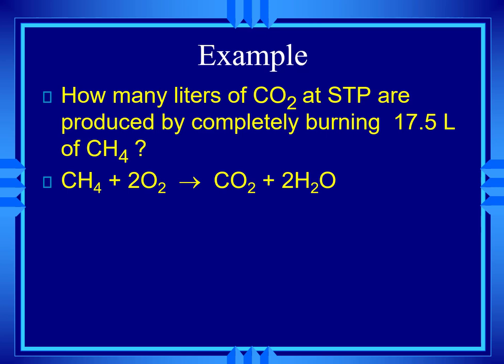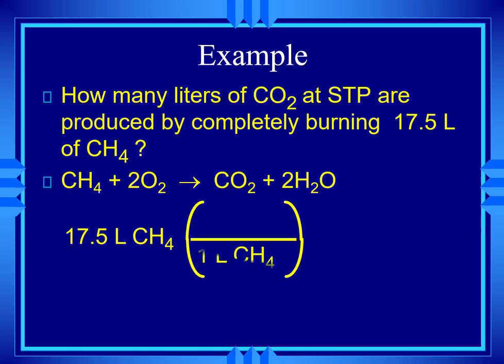Okay, so same equation. Start off the same way, right? 17.5 liters of CH4. Set up my conversion factor. And I could do this like we did the last one, liters to moles, moles to moles, moles to liters, but now we just said I can go from liters of CH4 to liters of CO2, and they're both ones because CH4 has a 1 and CO2 has a 1.